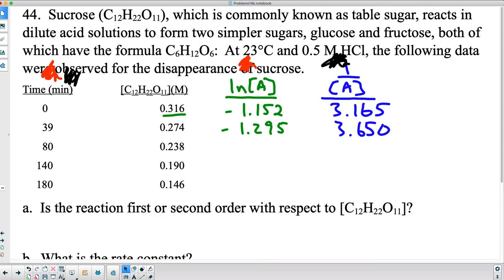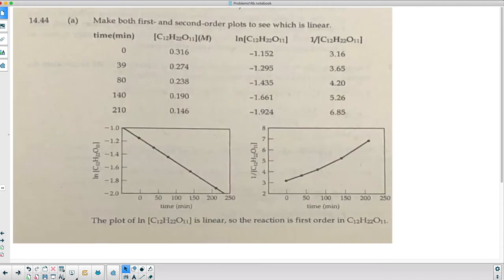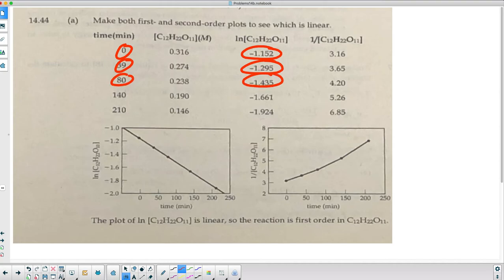So as I go through, what I notice, and I can show you this on the next slide, is that the natural log of A is the one that produces the actual straight line. So take a look at what we have next door here. Here I have my time, and then that's the concentration, and here's the numbers I just put up. So 39, negative 1.295, 80, and negative 1.435, and 140, and so on.